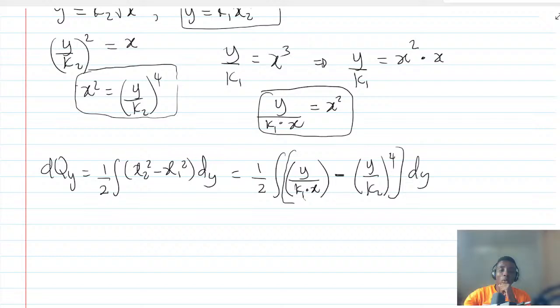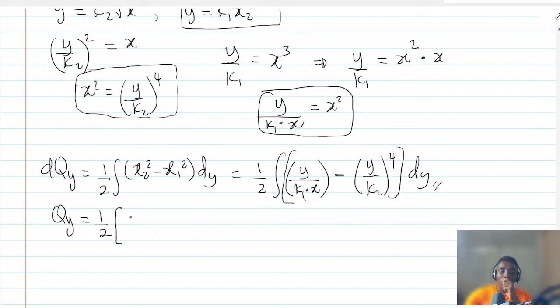So basically, if we want to do the integration, then it means that our qy will be what? 1/2, and then we are going to integrate. Since we are integrating with respect to y, we'll treat the x as a constant.